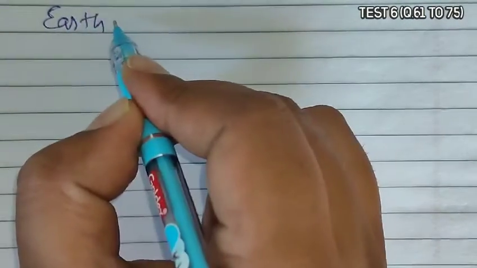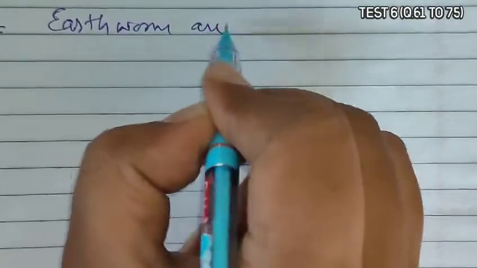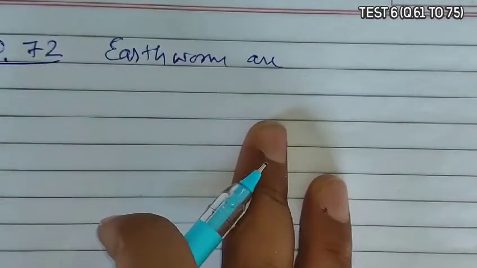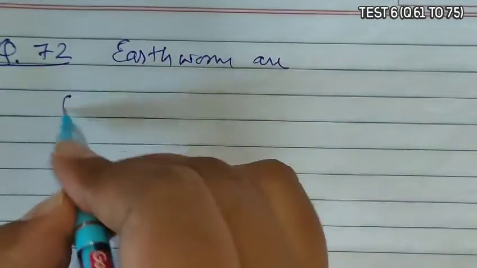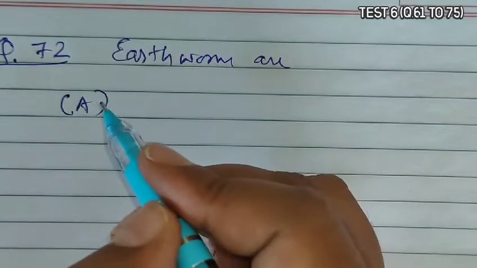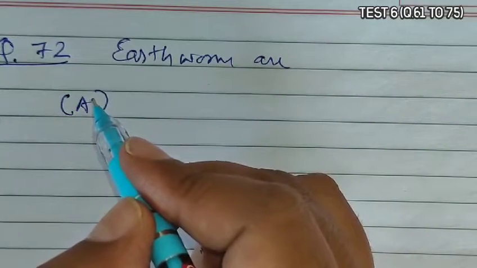Next is question 72. Question 72 asks that earthworms are... So option A is given as ammonotelic when plenty of water is available.